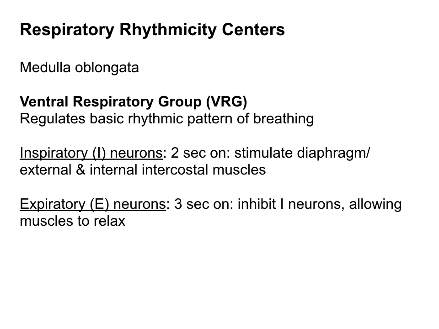What this is going to allow to happen is it's going to allow your respiratory muscles to relax. And when you relax, you're going to have your exhalation. So think of your ventral respiratory group as that basic pattern. The I's turn on and you inhale. The E's turn on and you exhale. So it's like little beautiful on-off switches that are going to drive your respiration.